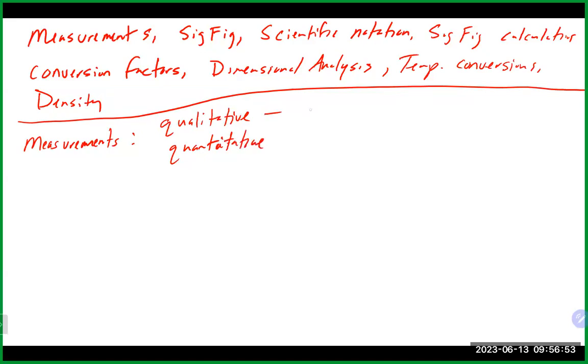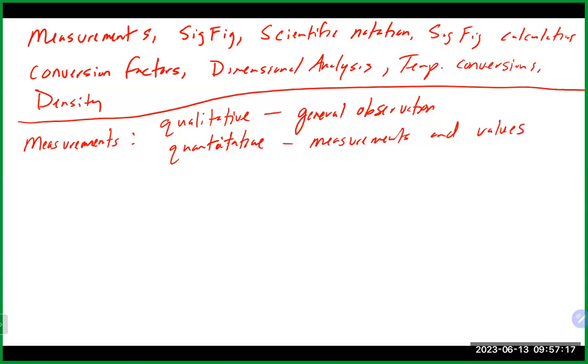Qualitative is really just general observations, you know, gas developed, solid developed, thing turned purple, those types of things. Quantitative is really about measurements and values.